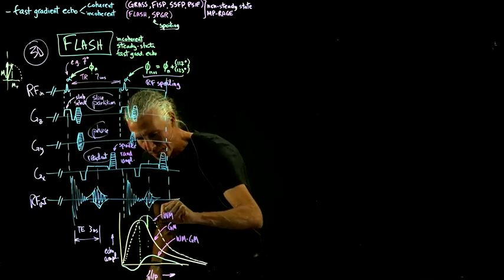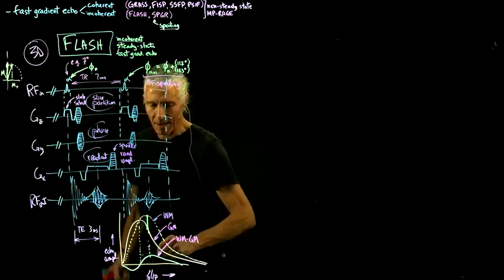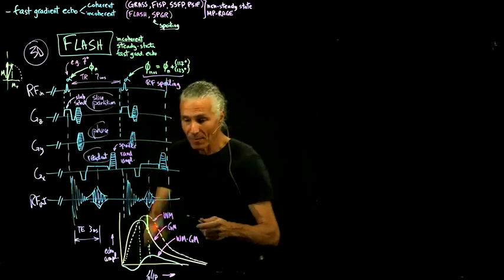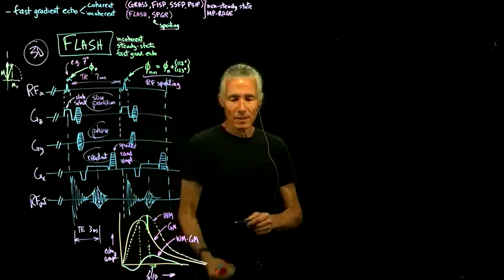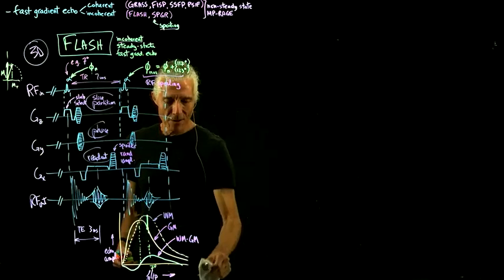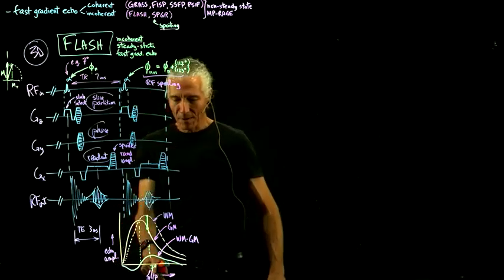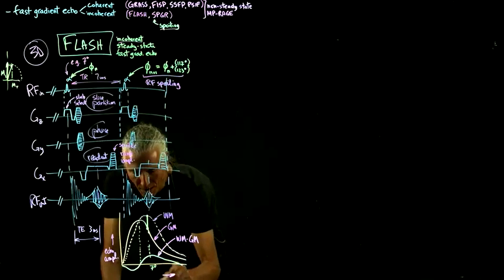Somewhere up here is where you're going to get the biggest contrast, and that might be a flip angle of, say, 7 degrees. Small flip angle. So you can get all different kinds of contrast here, but this is the one that would be commonly used, a small flip angle that results in the white matter being brighter.